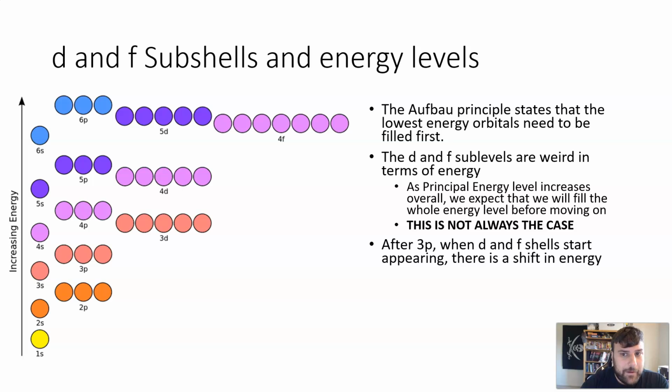If we look at this diagram, and I showed you guys something kind of similar in class, going from the bottom to the top is the increase in energy. So our 1s subshell, all the way at the bottom in yellow, would be our lowest. Our 6p subshell, all the way at the top in light blue, would be our highest.